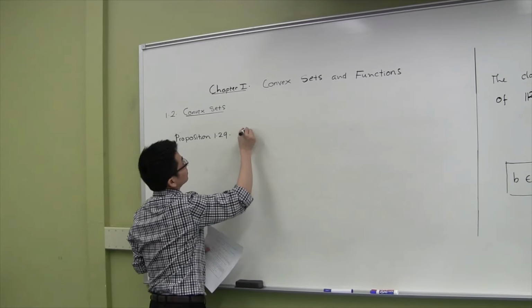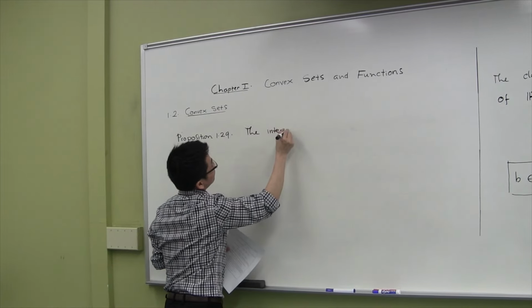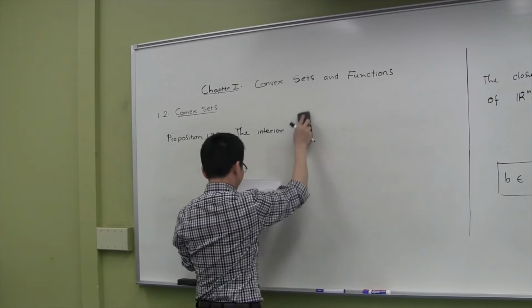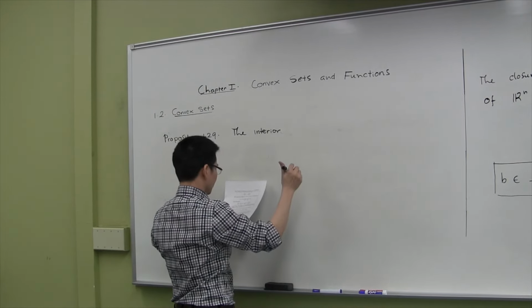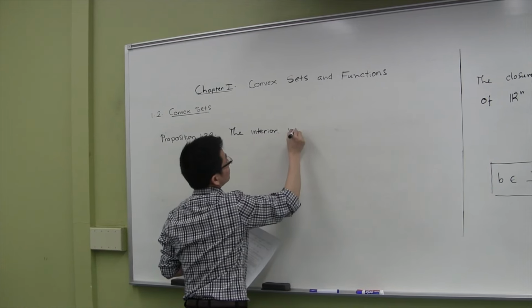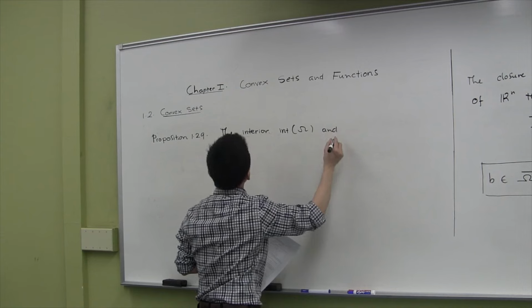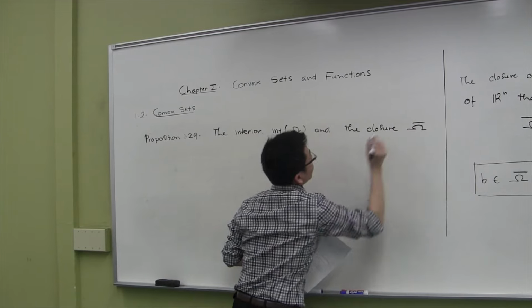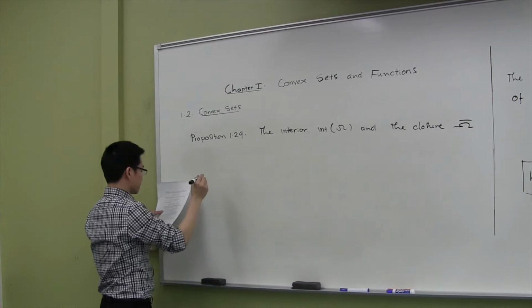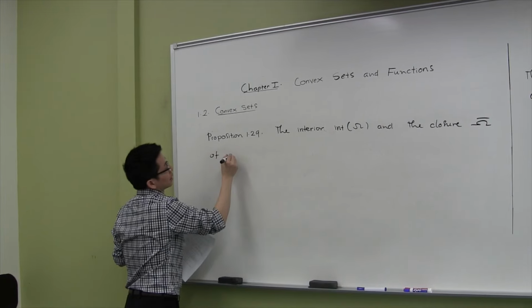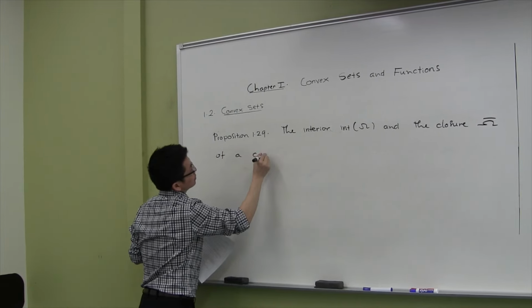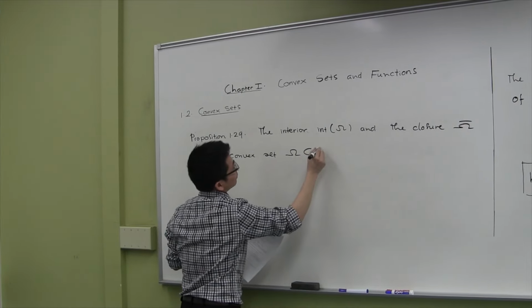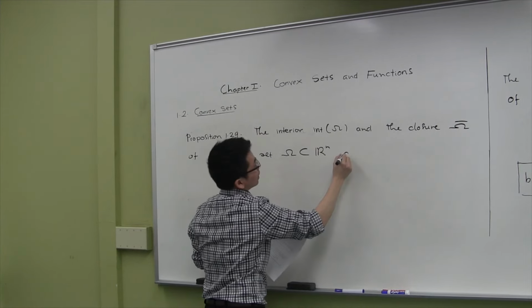The interior int of omega and the closure bar omega of a convex set omega of Rn are convex.